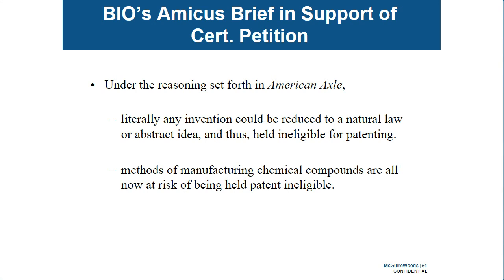For example, BIO argued, methods of manufacturing chemical compounds are all now at risk of being held patent ineligible. For example, when you make a chemical compound, or you combine one element with another element, come up with a chemical compound, that operates under some sort of natural law as well.